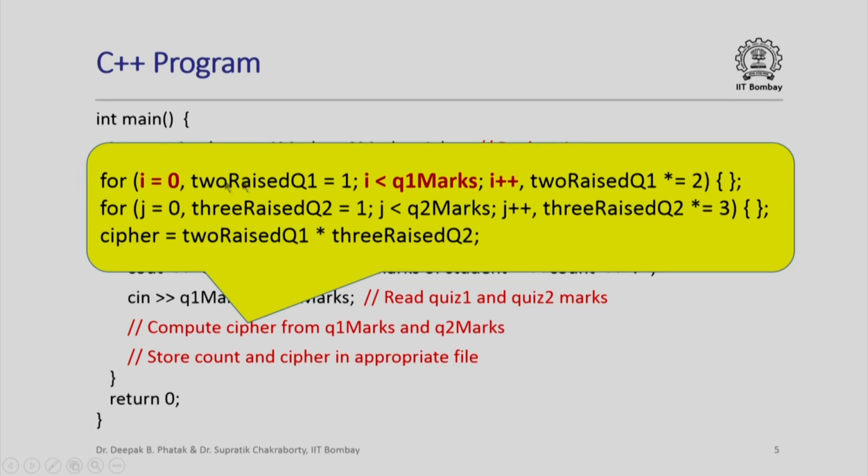So in fact the entire job within this loop is done within the 3 different parts of the for loop. The actual body of the for loop is completely empty. By a similar logic, this loop calculates 3 raised to q2, and then we multiply them together to get the cipher.